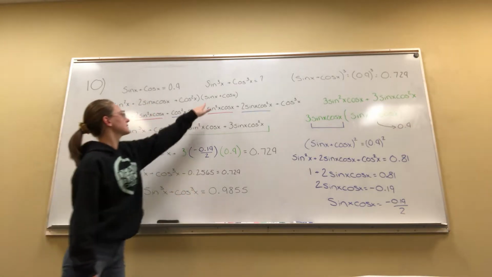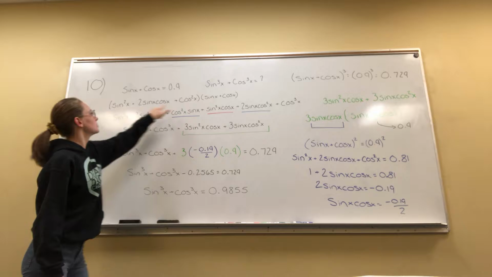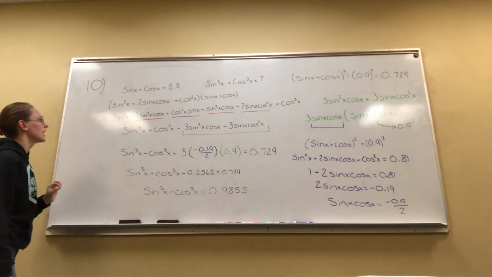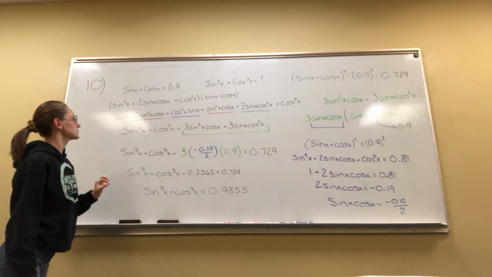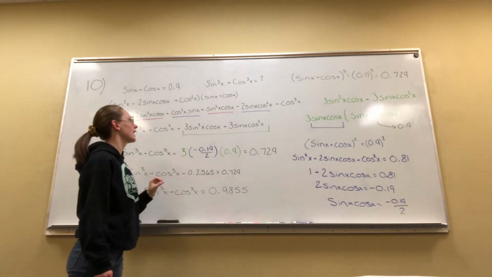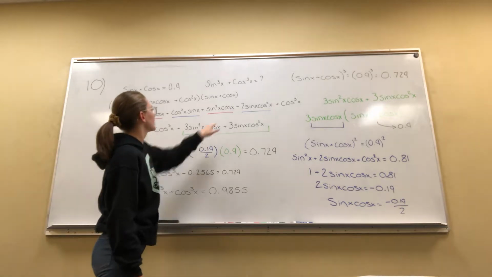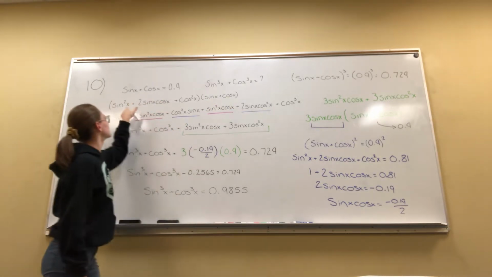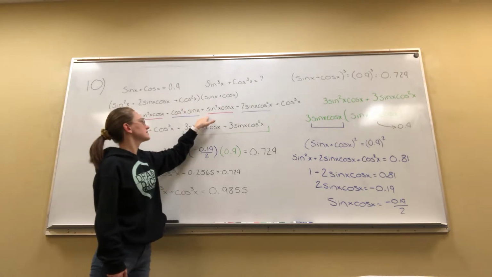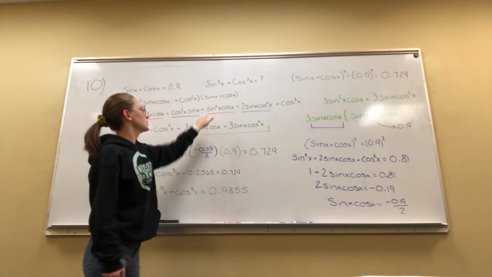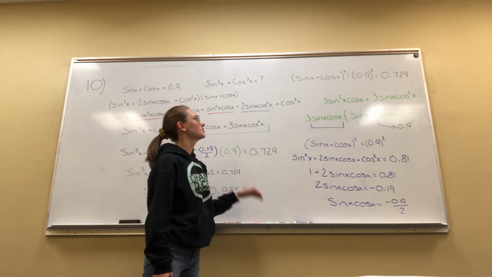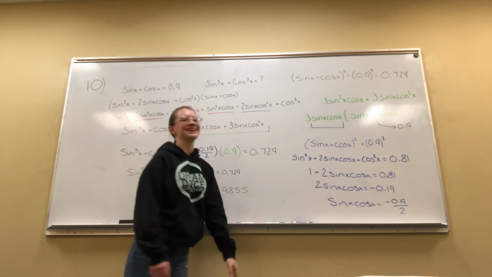Next, you're going to take the sine x and distribute it to each of these three, which gives sine cubed x plus 2 sine squared x cosine x plus cosine squared x sine x. And then you distribute the cosine x to each of them, and you get plus sine squared x cosine x plus 2 sine x cosine squared x plus cosine cubed x.